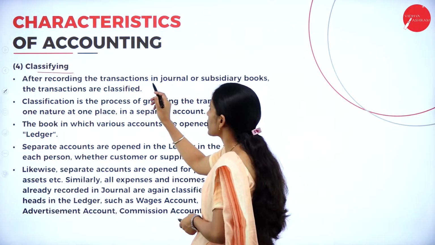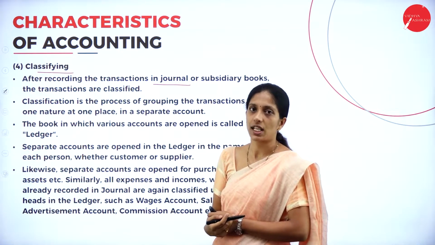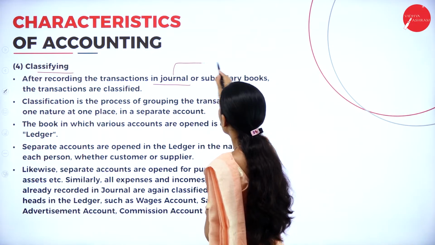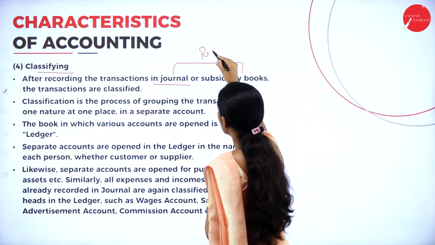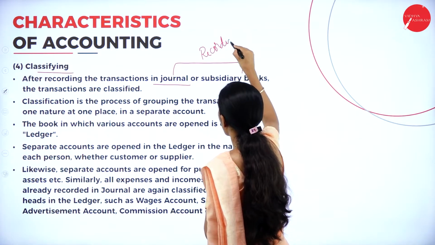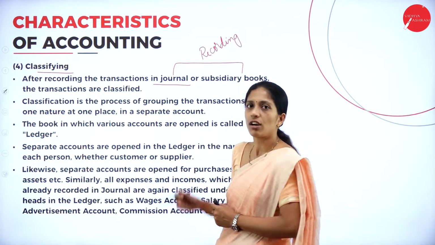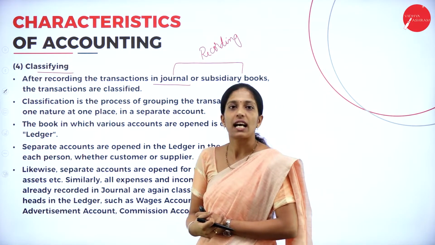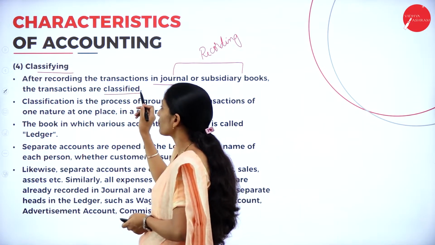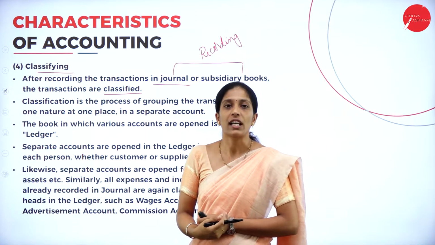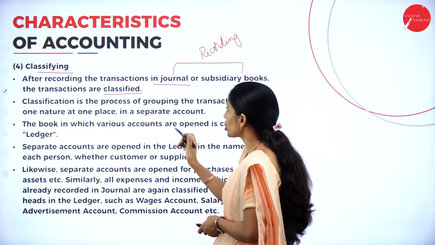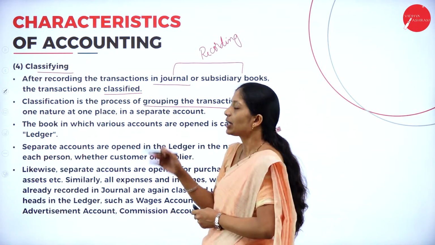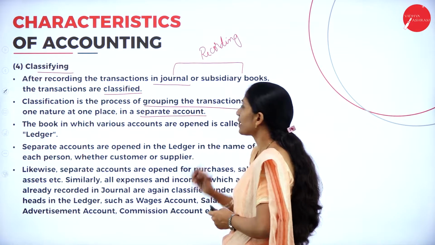After recording the transactions in the journal or in the subsidiary books, which takes place in the stage of recording, these journal as well as subsidiary books come in the stage of recording of transactions. After that, the transactions are classified depending upon their nature. Classification is a process of grouping the transactions of one nature at one place in a separate account.